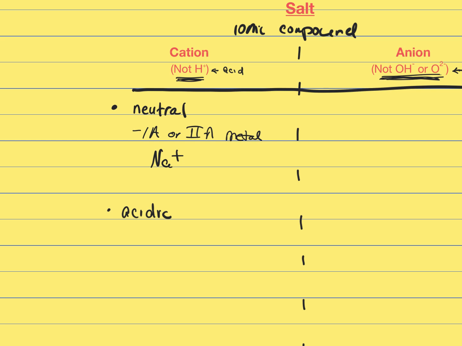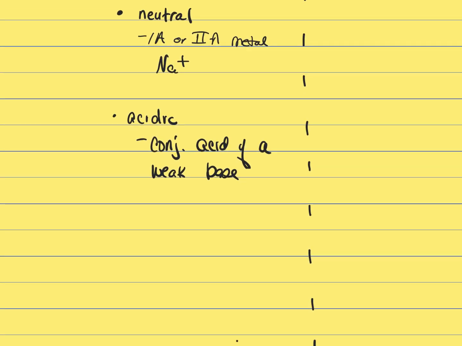Now, when would a cation be acidic? There are two possibilities. It could be the conjugate acid of a weak base. Let's talk about that for just a minute. Weak bases are recognized because they have a nitrogen with 3 bonds. Those are your weak bases.